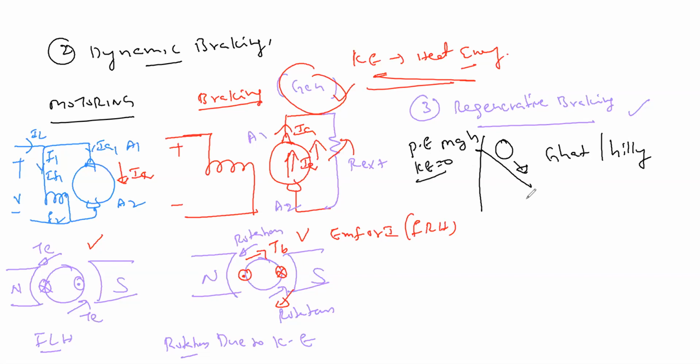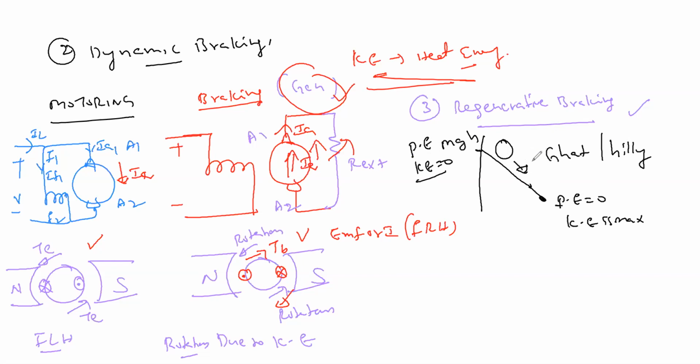At the end it reaches the bottom, potential energy is zero since h is zero, and kinetic energy, half m v square, is maximum. In between it has both potential energy and kinetic energy.